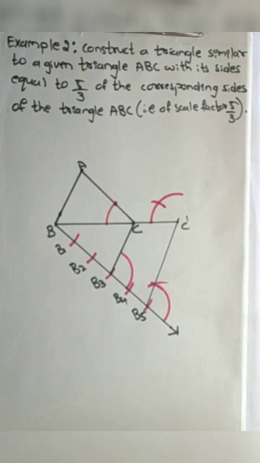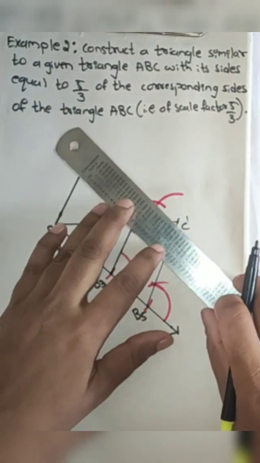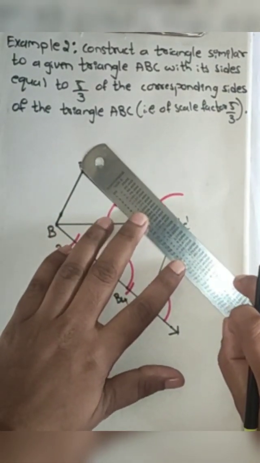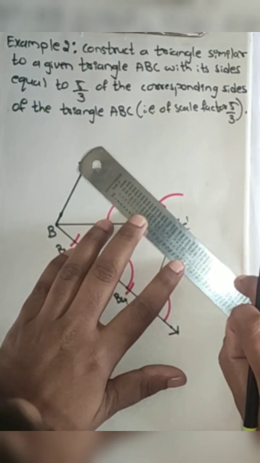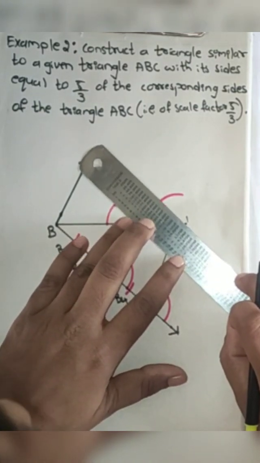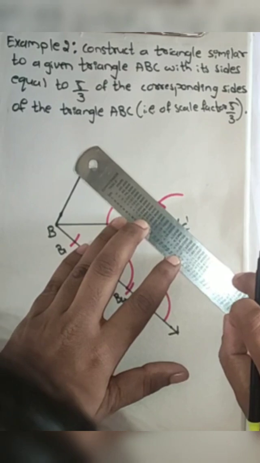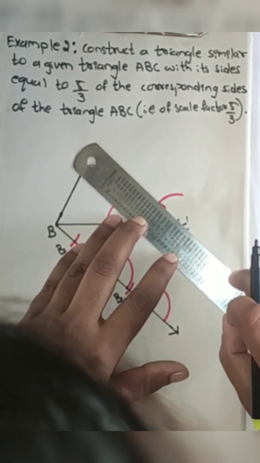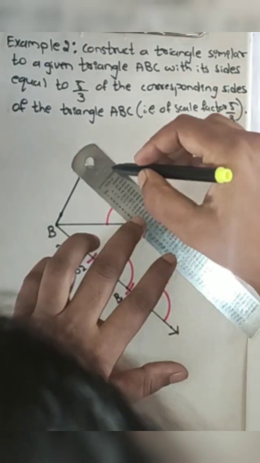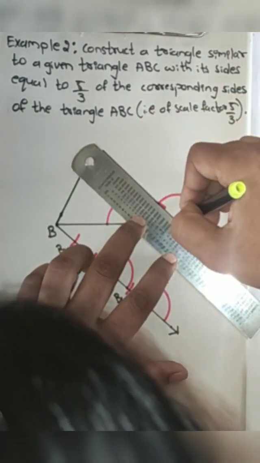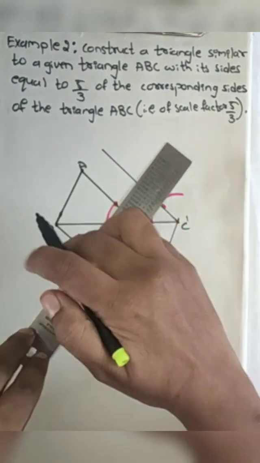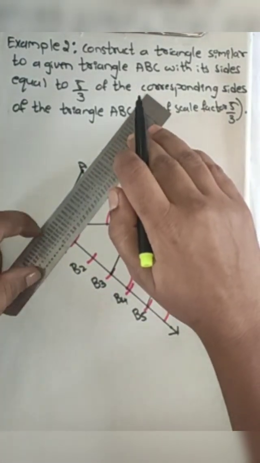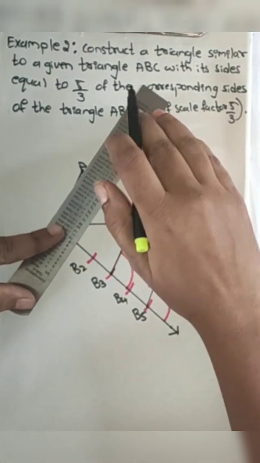Now join this. Now this AB side should be produced to meet A dash.